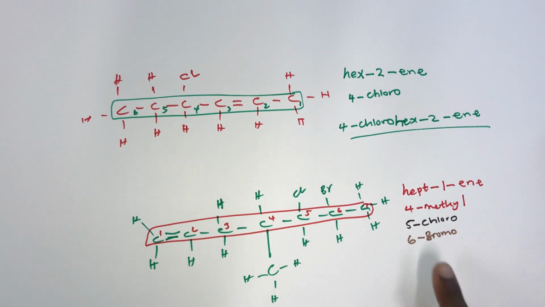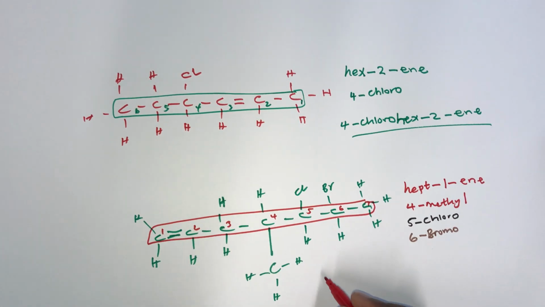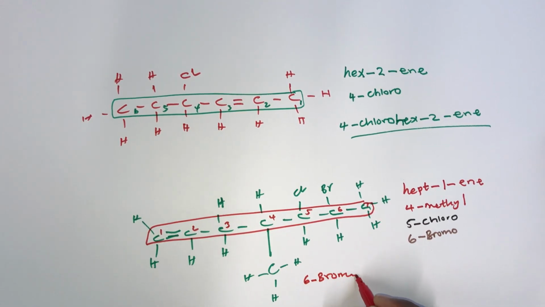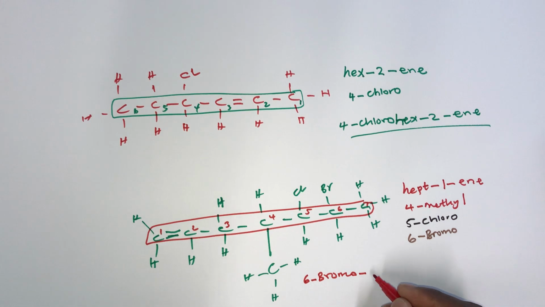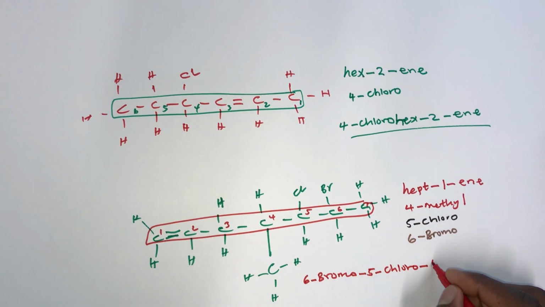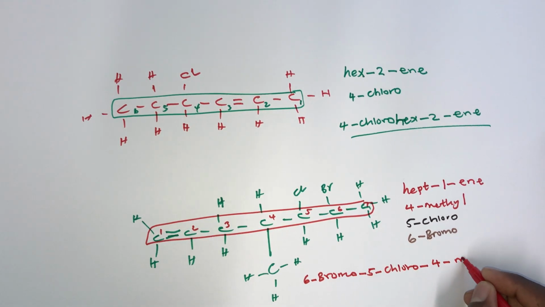So that means we're going to start with bromo. So now we're going to start with 6-bromo, dash. As long as there is a number, we must put dash. So dash, now we go to C, 5-chloro, dash, now 4-methyl.